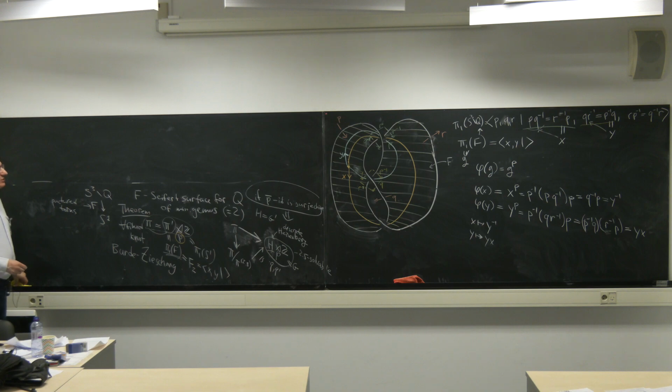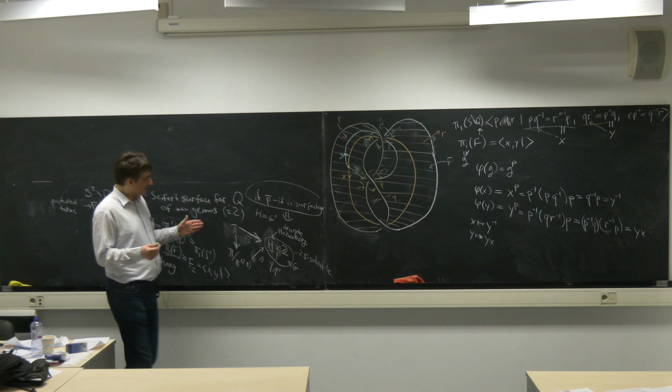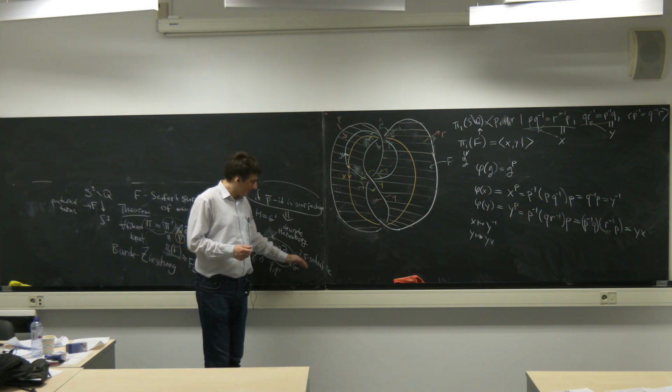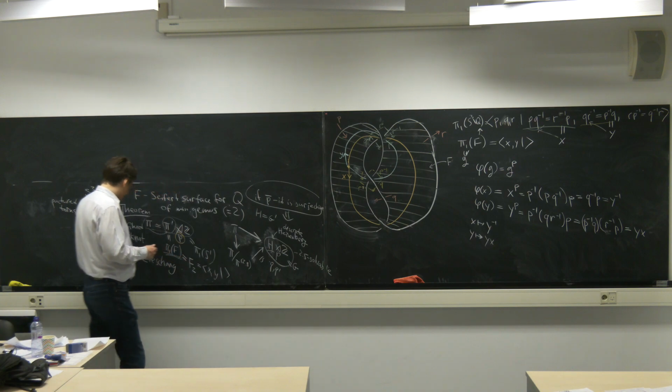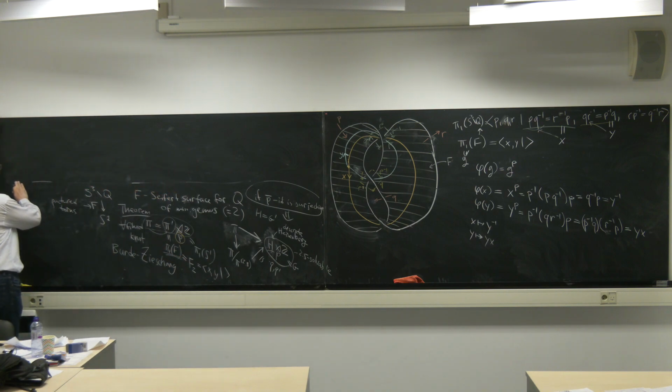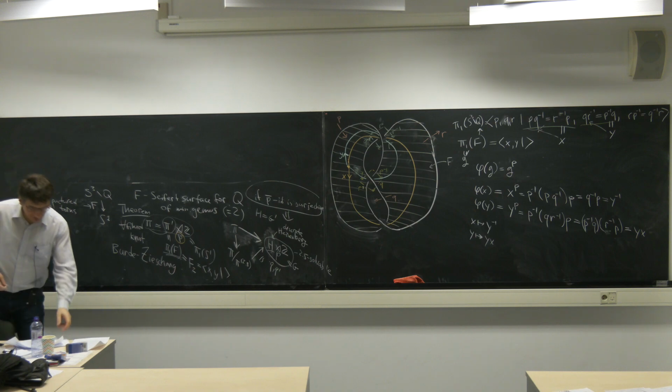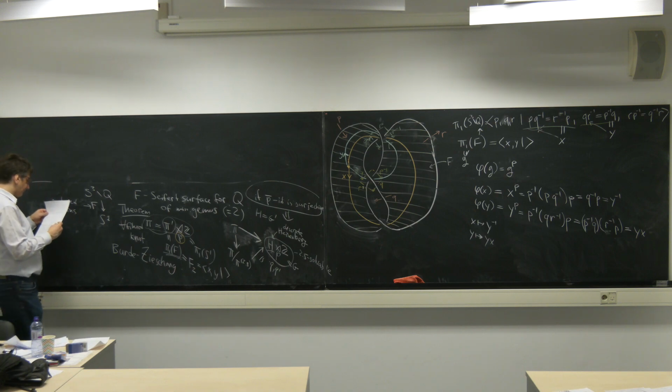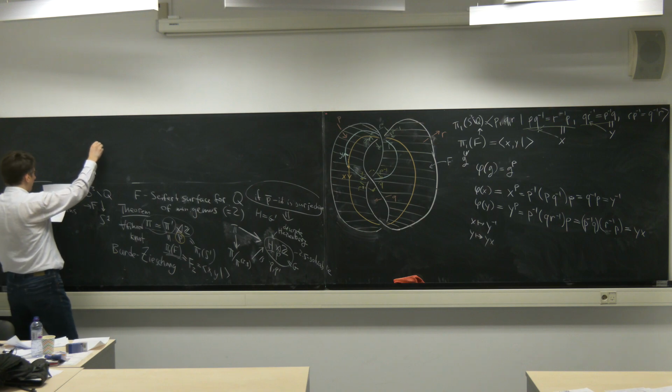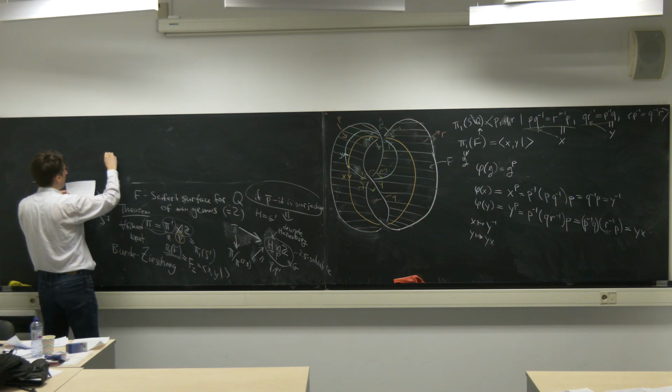So I want to construct a wild knot and its two meridians which are not conjugate even modulo this 2.5 derived term. So first of all I need a picture of a wild knot. And it will be this alternating one.